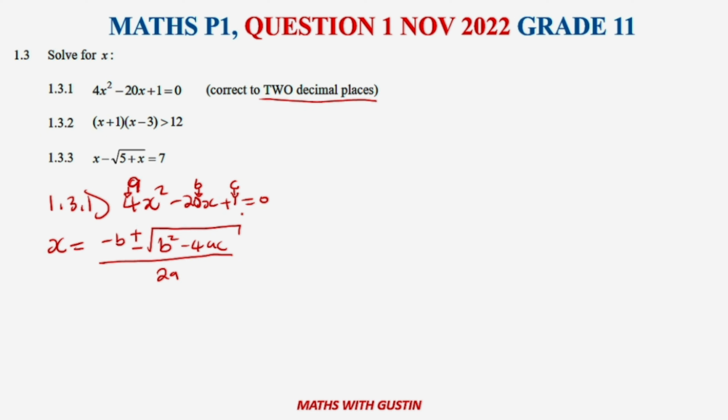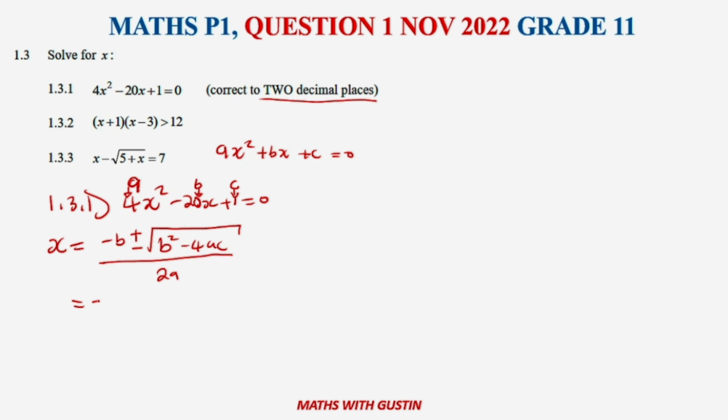Why am I saying it's like this? Remember, guys, the general equation of a quadratic is given by ax squared plus bx plus c. So b is what? It's minus 20.